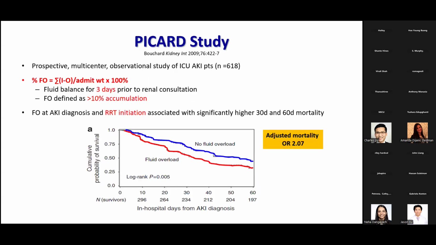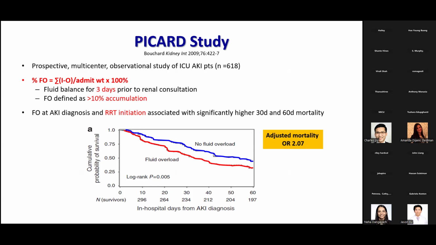In adults, this is one of the earliest studies in the population of critically ill patients with acute kidney injury. This is the CRRT study. And here, the parameter of fluid overload was evaluated 3 days prior to a nephrology consultation for these patients. And it was determined very clearly that fluid overload, just assessing those 3 days prior to the consult for AKI, was associated with increased risk of mortality.